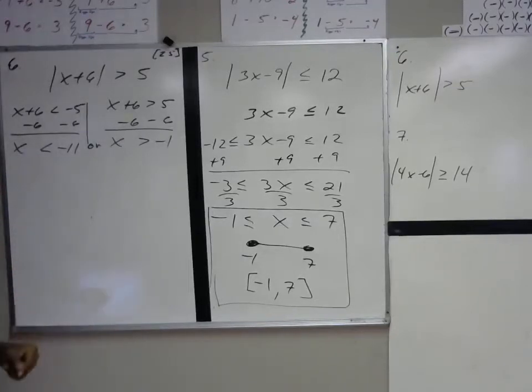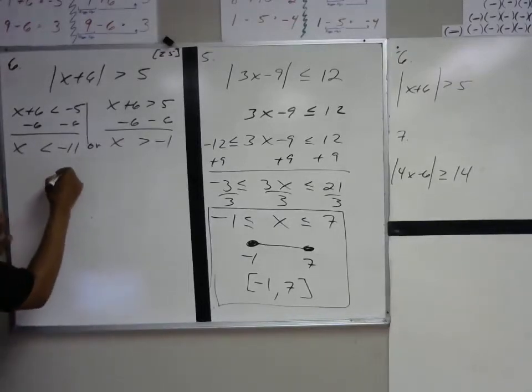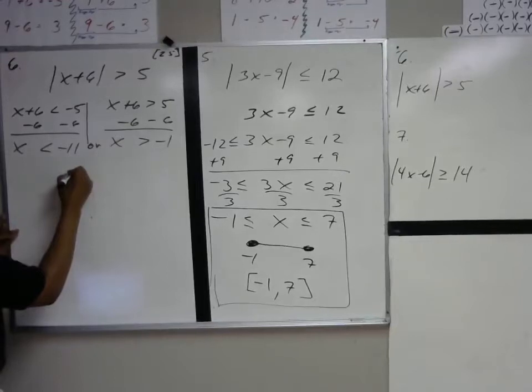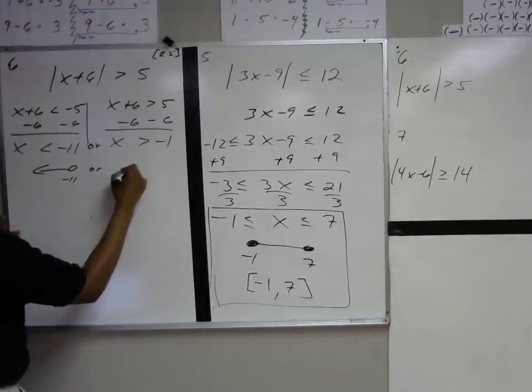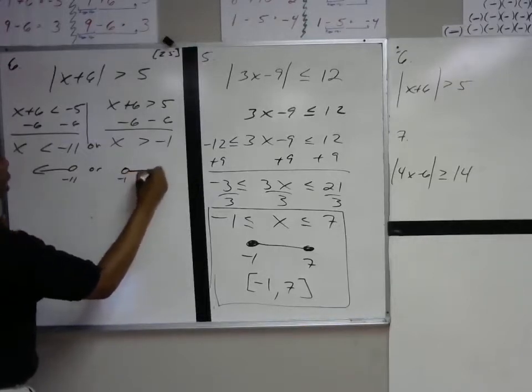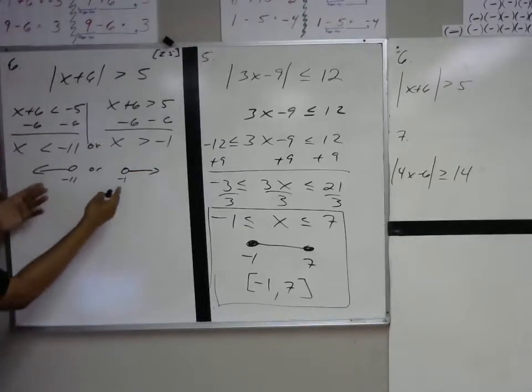Now, the graph of these would be open at -11 and going to the left, and this side right here, which will be open at -1 and going to the right. So this is what the graph looks like.